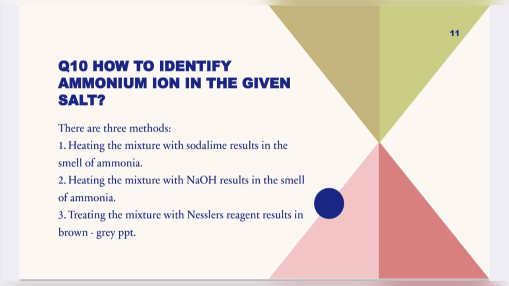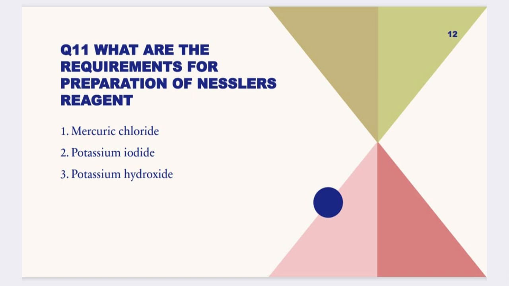Next method is, you treat the mixture with Nessler's reagent, and that results in the formation of a brown, gray PPT, that is a precipitate. We move to question number 11. What are the requirements for the preparation of Nessler's reagent?